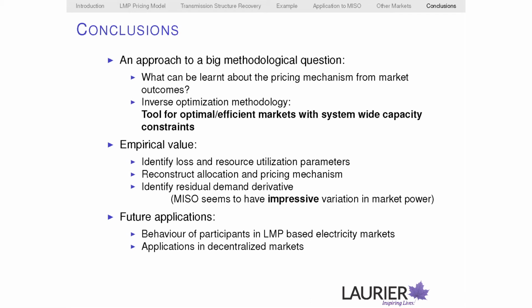And then we're interested in using this to understand how participants are changing their behavior based on the varying market conditions in these markets.